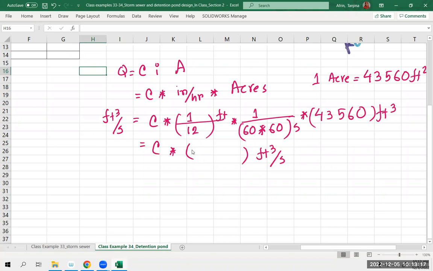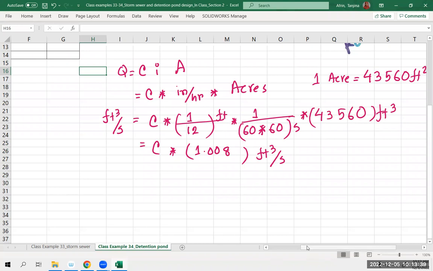Almost like 1.008, something like that, right? So that's why if the I is in inch per hour and the area is in acre, you can skip the conversion. But if you want to do the conversion, do that. There is no restriction. Okay, does that make sense to everyone?